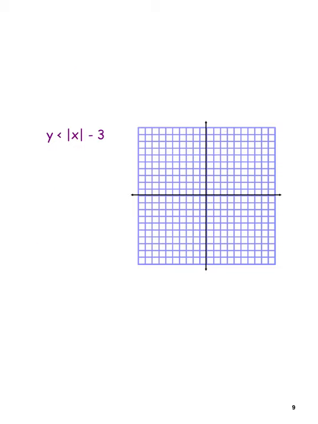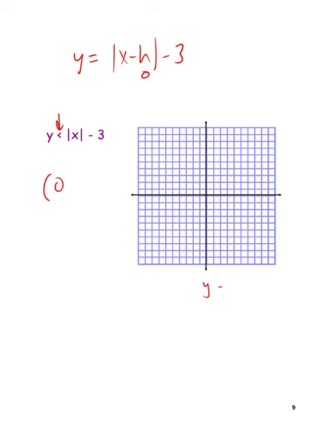Okay, very last one here. So here we've got a less than, so we get a dashed line again. Less than means we're probably going to be shading the bottom part. But now we don't have anything in the absolute value with the x. What does that mean? Well, that means the h was actually 0.